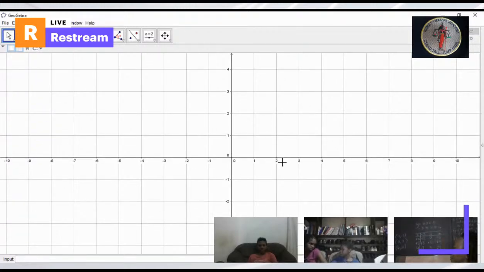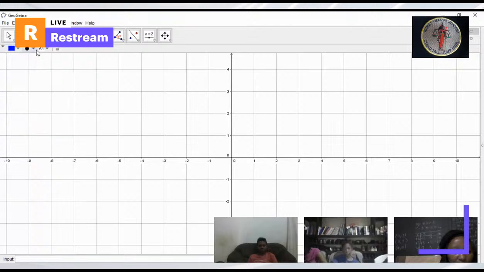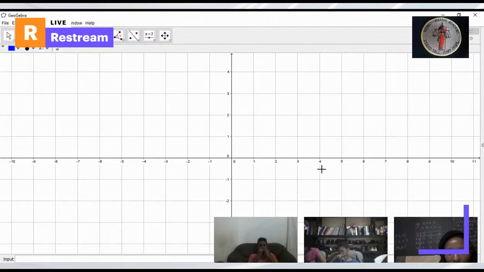Okay, so let's plot now. So I go to my point. Up here, that's the point tool. So for the first point, negative 3 to negative 7. So that's negative 3 and I want to go down.